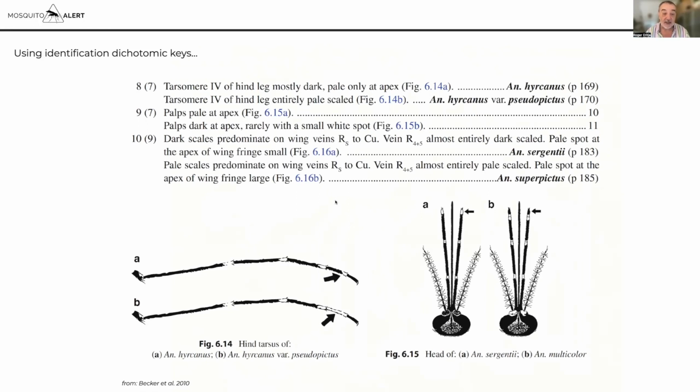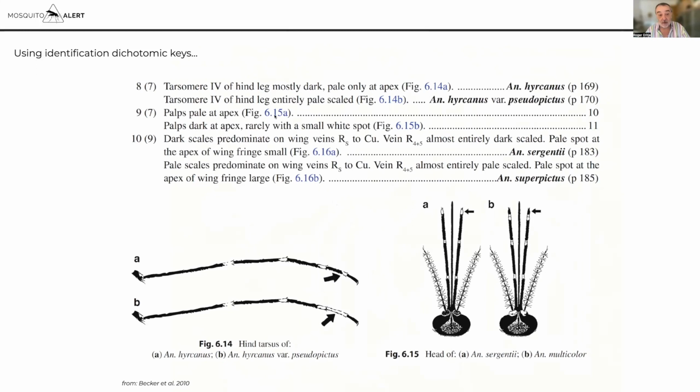That means it's like a tree structure. If you are undergoing a question, for instance, here you have number 9, and the question is: are the palps pale at the apex? These are maxillary palps. In the good case, we also have pictures or drawings, like in this case.